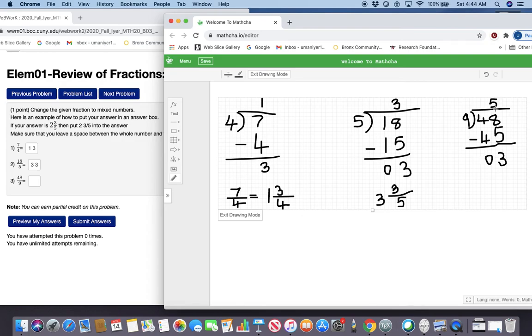So 5 is the whole part. This is the remainder. Whatever remains gives you the fractional part. Okay. So notice that the fractional part can be reduced. 3 goes in both. 3 goes in 3 once. 3 goes in 9 3 times. All right. 5 and 1/3.